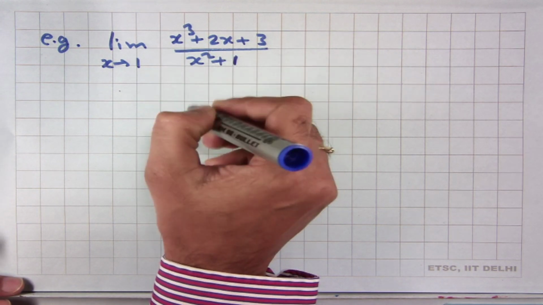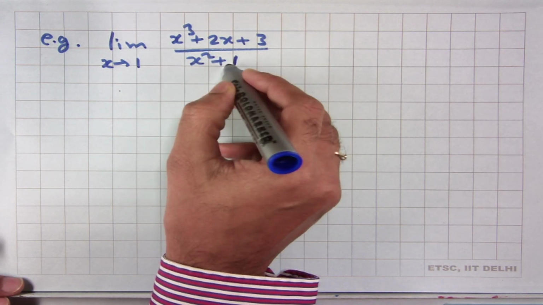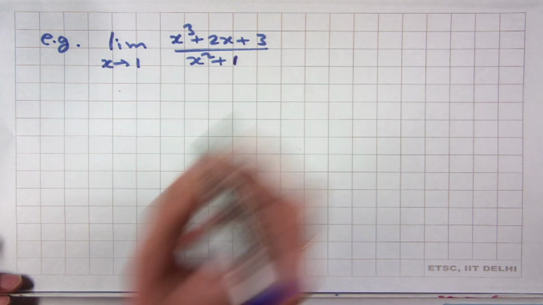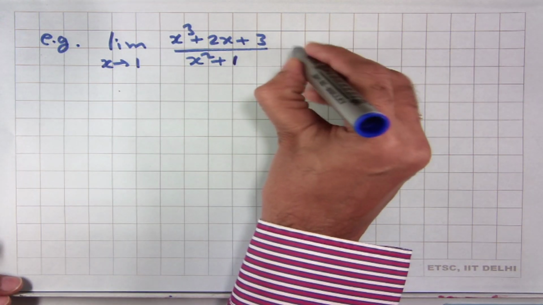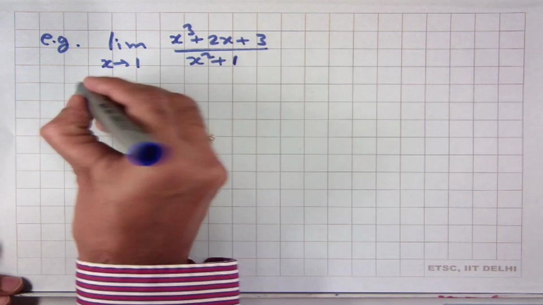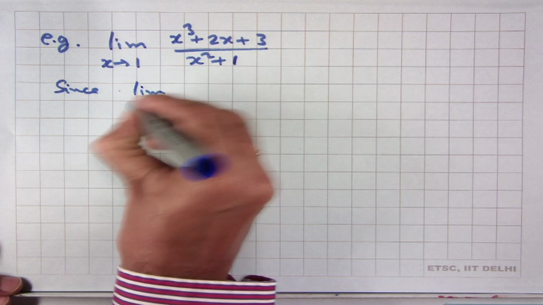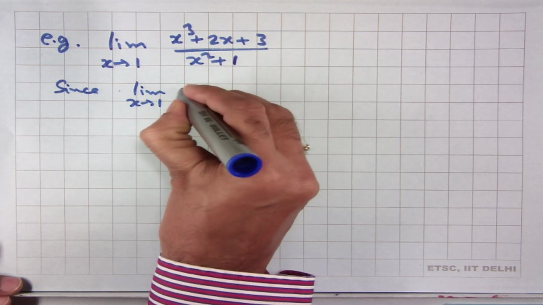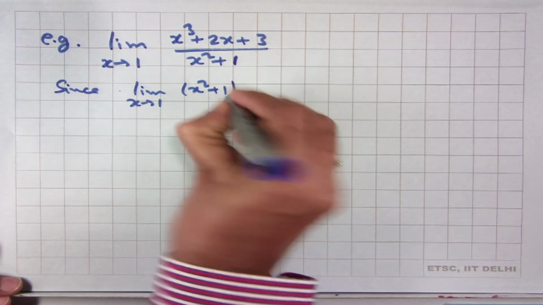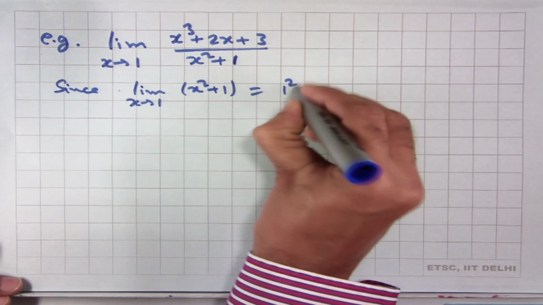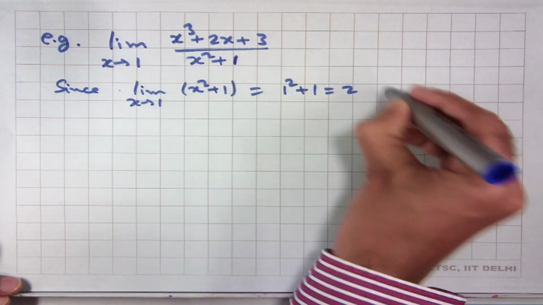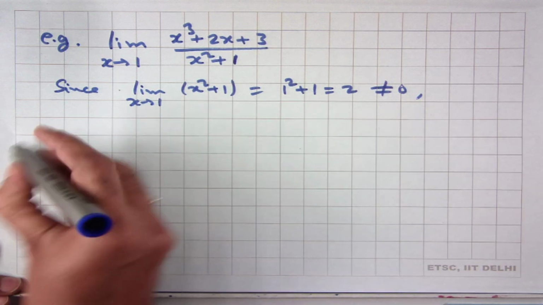So, the limit of x square plus 1 is 1 square plus 1, which is non-zero. So, I can write that since the limit as x goes to 1 of x square plus 1 is equal to 1 square plus 1, which is 2, this is non-zero.